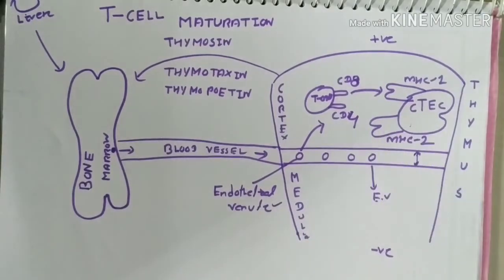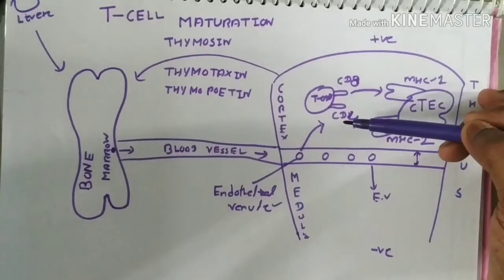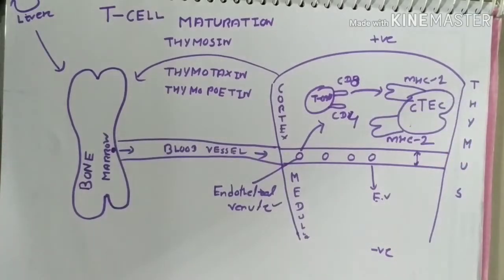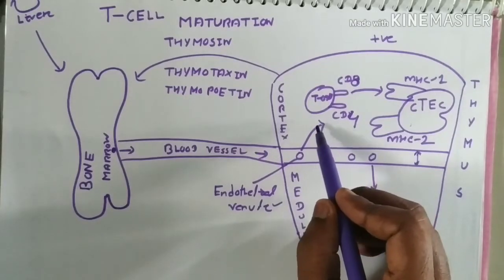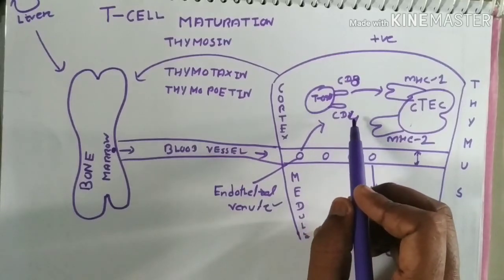For T cell maturation, two things take place: positive selection and negative selection. We will first talk about positive selection, which occurs at the cortical region. The T cell precursor from the endothelial venule first goes to the cortical region.